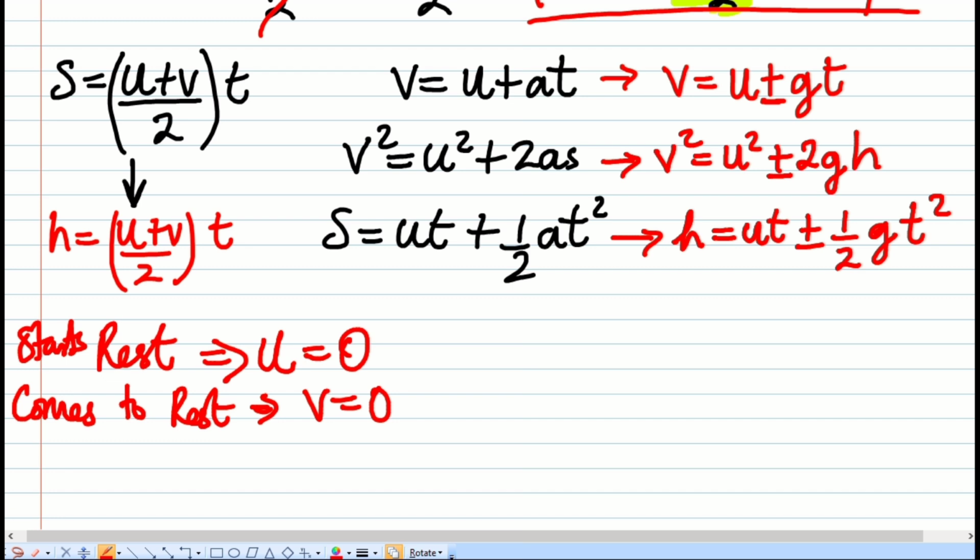Now, how is it going to affect these formulas? Let me just use the last formula for example, because most of the textbooks make reference to this.